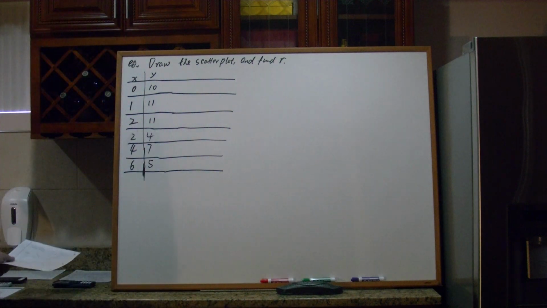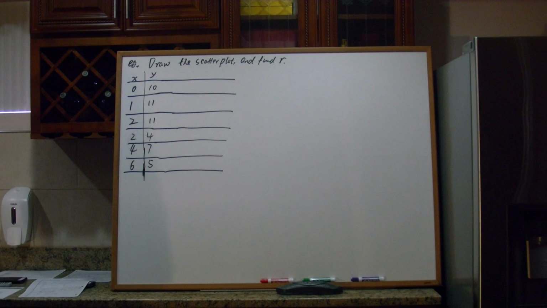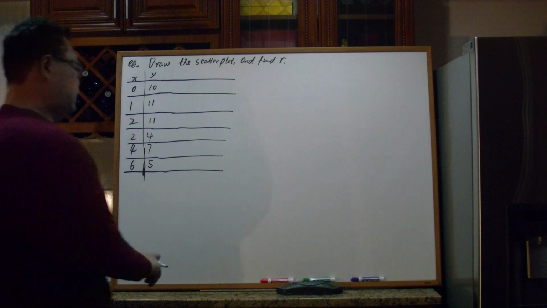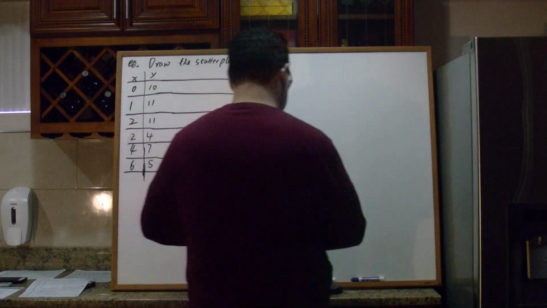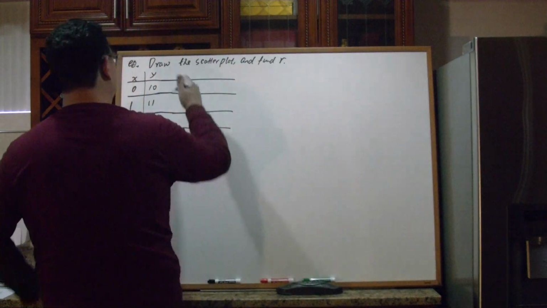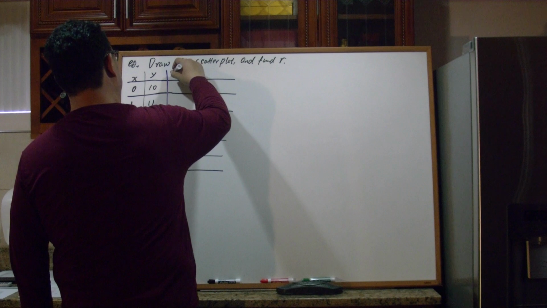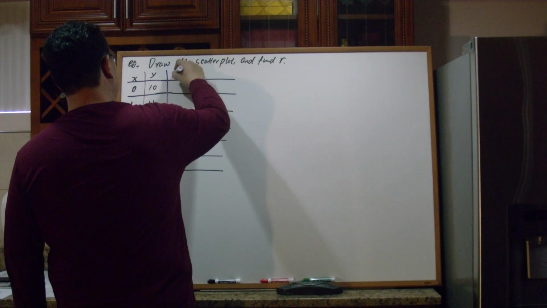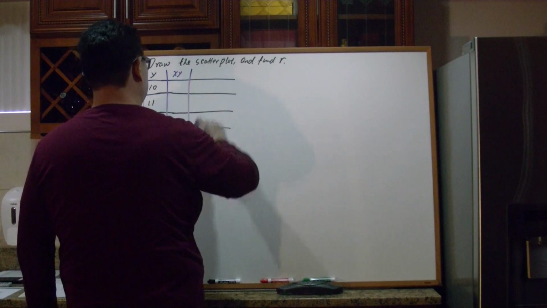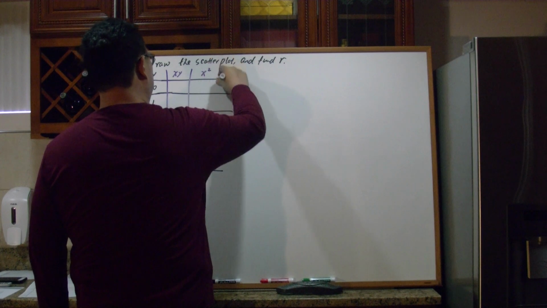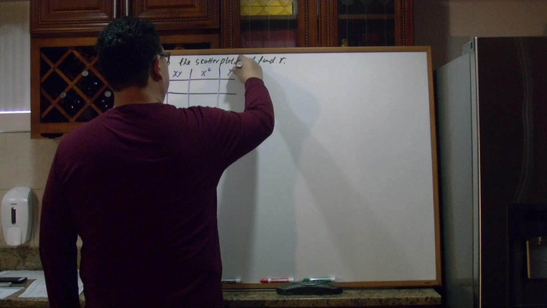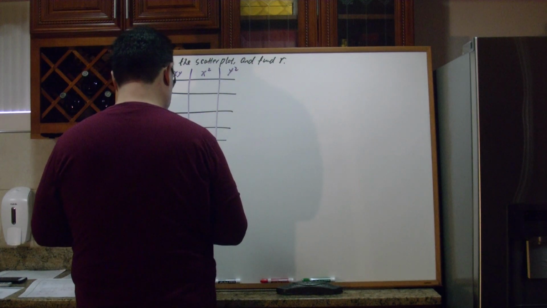Right, that is our paired graph, and from the formula we see that we need the sum square of x, the xy term, the x squared term, and also the y squared term.